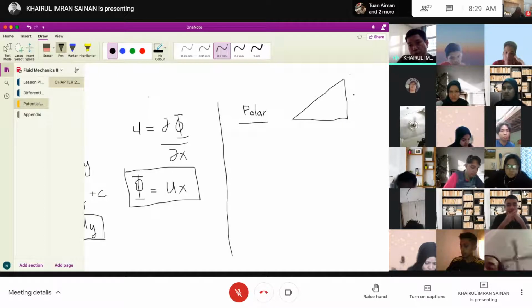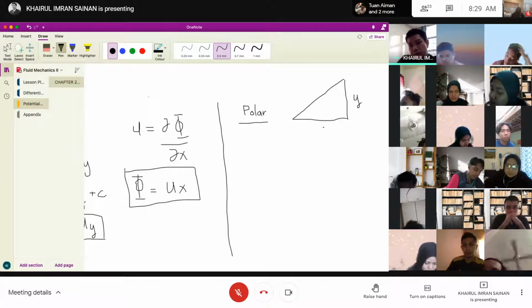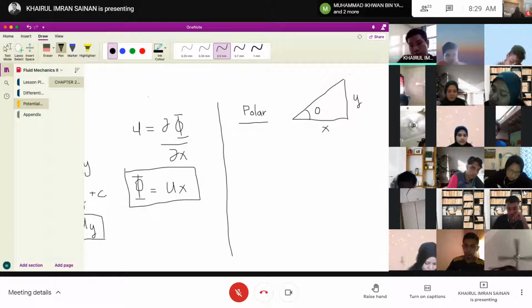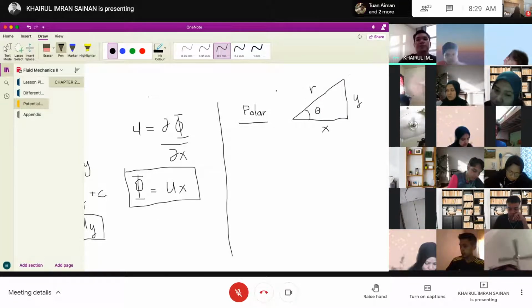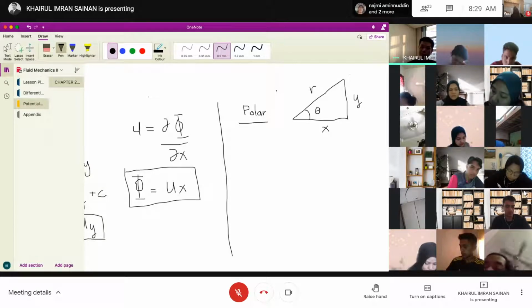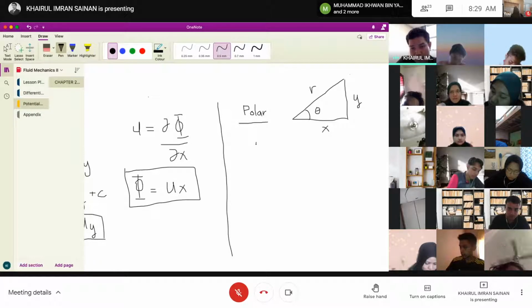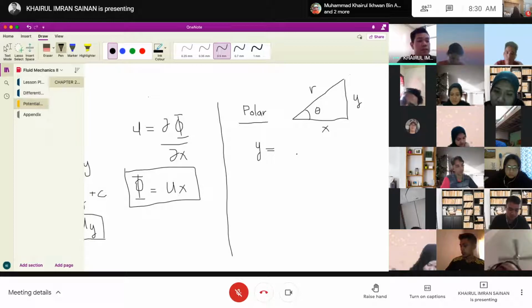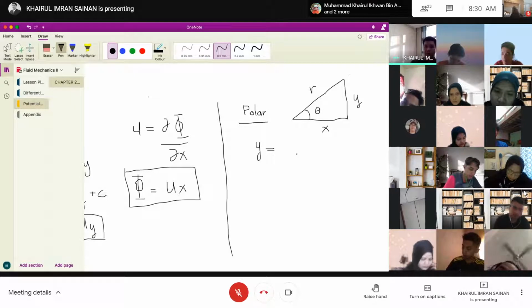So this one should be y, and this is x. And this one is theta. This one is r. So r direction, theta direction, y and x. Give me the value of y. y equals what, in terms of r?